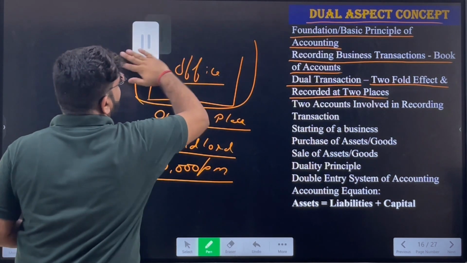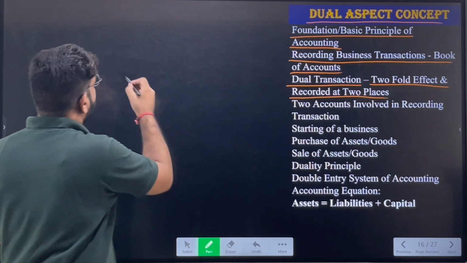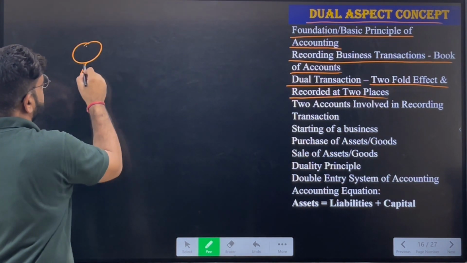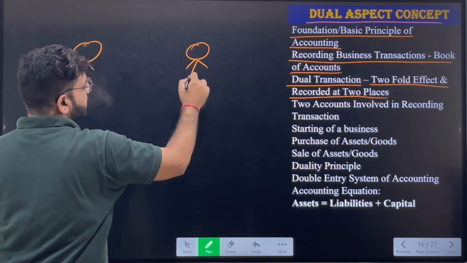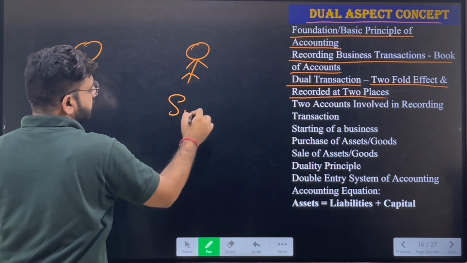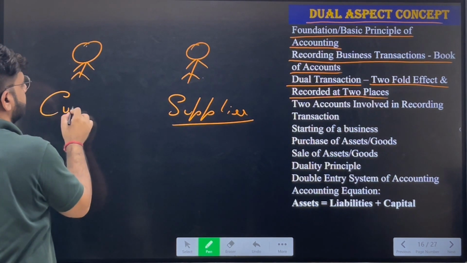Obviously, suppose I own a business, and since I own a business, I always have to purchase the products. I will go to the supplier's place, I will have to purchase the products, and for purchasing that product, I will have to pay in cash. So this is also give and take only. Suppose I am the owner of the business, and this one is the supplier, and suppose I am the customer.